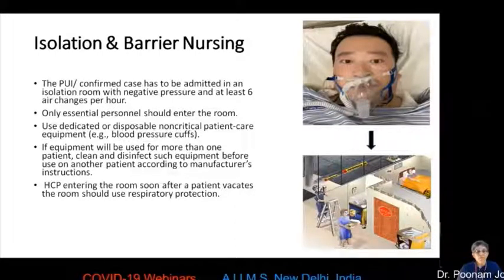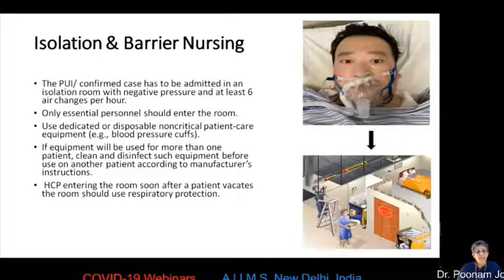Make use of dedicated or disposable non-critical patient care equipment such as thermometers, blood pressure cuffs, saturation monitoring probes, etc. If the equipment is to be used for more than one patient, clean and disinfect such equipment before use on another patient according to the manufacturer's instructions.